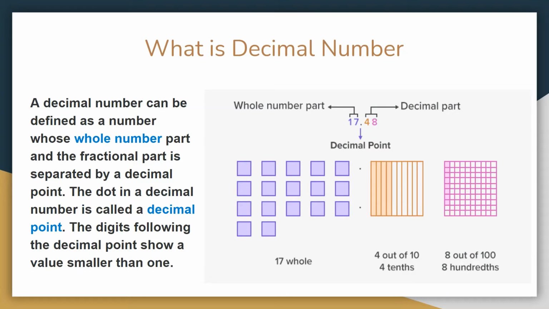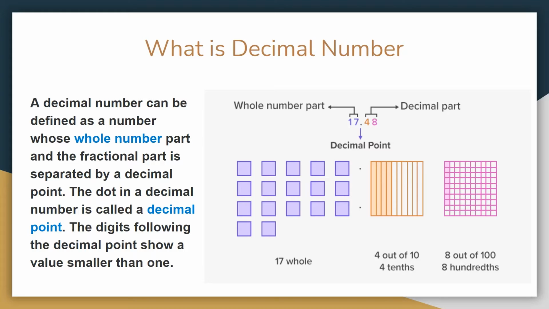I want to elaborate that example by drawing shapes. You can see seven holes are drawn before the decimal point, and after the decimal point four columns are colored, and then the eight position is colored.